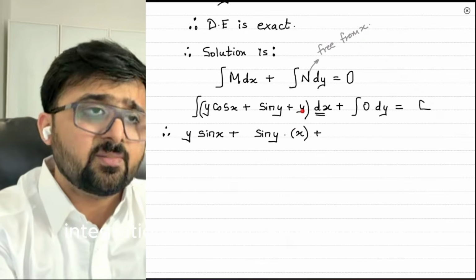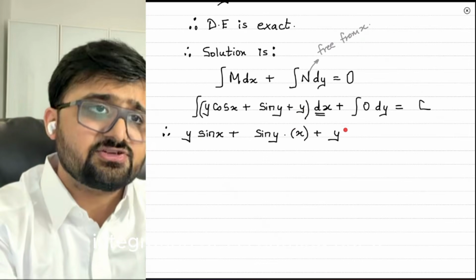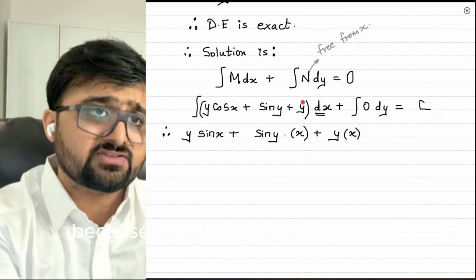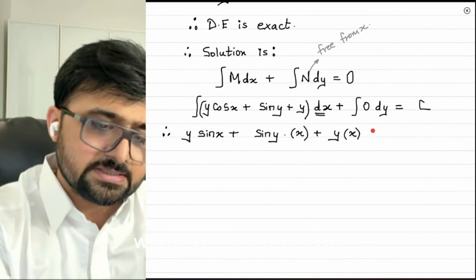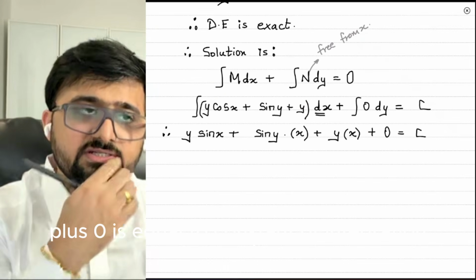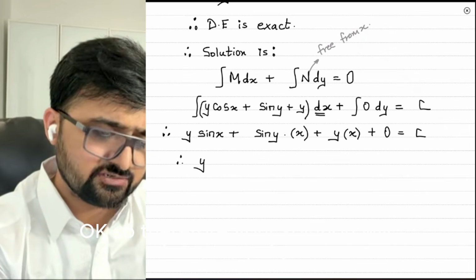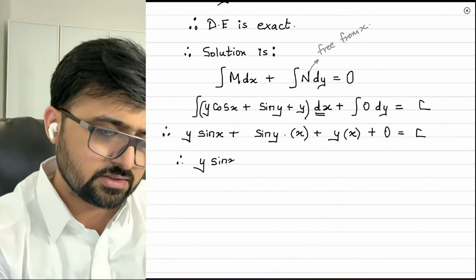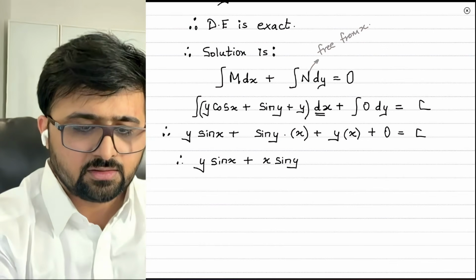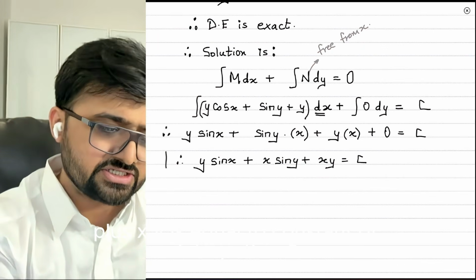Plus, integration of y with respect to x: y is constant, whatever is left is 1, and integration of 1 is nothing but x. Plus 0 is equal to the constant of integration c. So your solution will become y sin x plus x sin y plus xy is equal to constant of integration c.